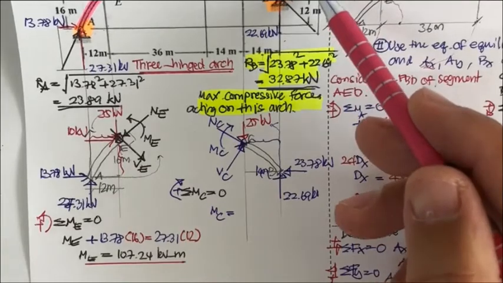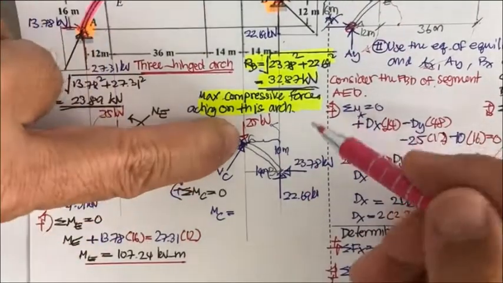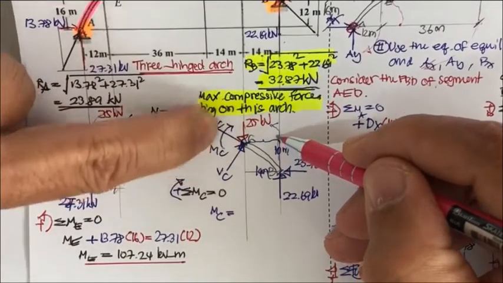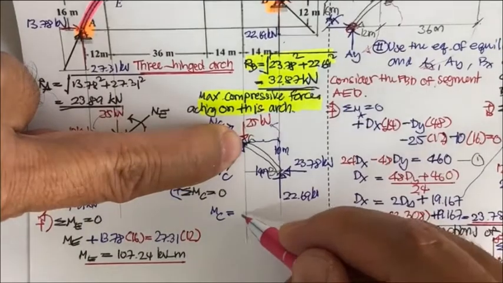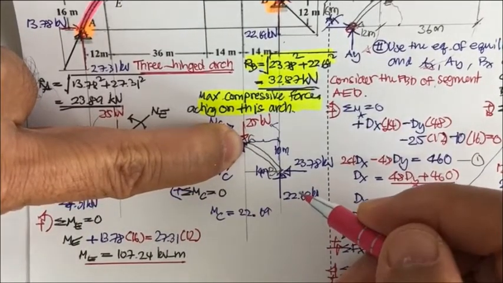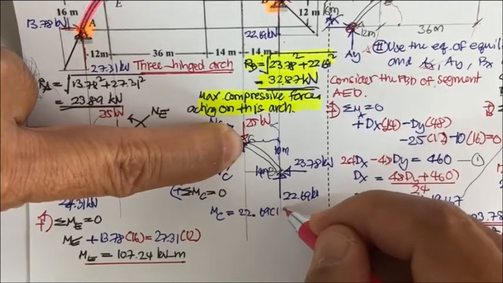Okay, and this one of 10 meter. You may have this going to be here times 14. So it's going to have 22.69 times 14.